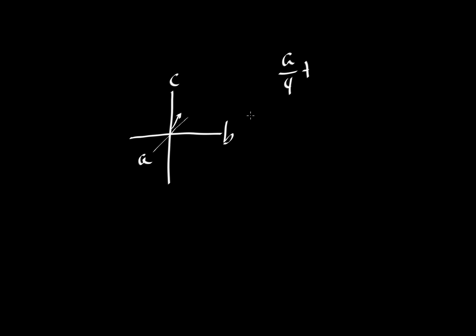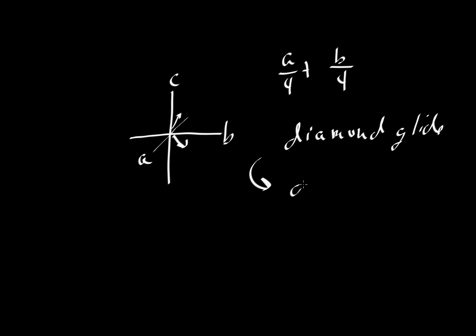Maybe it could be moving in the ab plane, but we can only go 1/4 of the distance relative to our unit cell. So it's a/4 plus b/4, and this would be a diamond glide. And we can move this 1/4 distance within any of the planes, the ab plane, the ac plane, etc. These would be designated as the letter d for diamond glide.